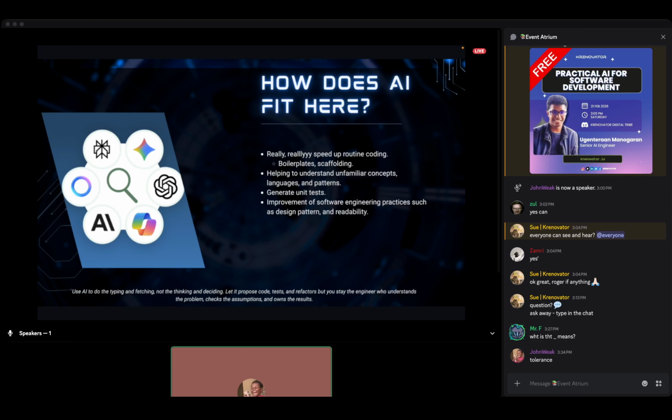Again, AI can also be used to improve your software engineering practices, like your design patterns and your readability. What I mean by readability in the code is that a lot of people don't have the habit of naming variables properly, so you can use AI to do that, but just that, okay? And please don't give the entire code base to the AI and ask it to refactor or make it readable. It's going to mess up somewhere.